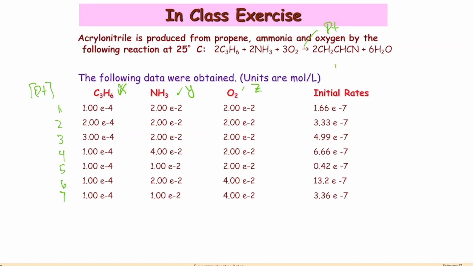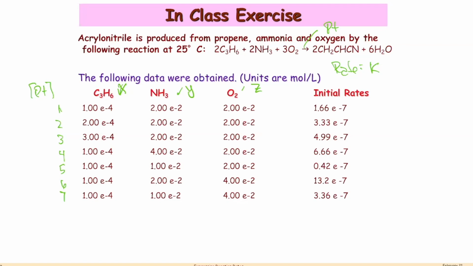So the rate law is going to be the following. Rate, whatever the speed is, equals K, the rate constant, and the rate constant doesn't change unless you change the temperature. That's why it's called a constant, okay? So it's going to be the same for all these experiments as long as the temperature hasn't changed.